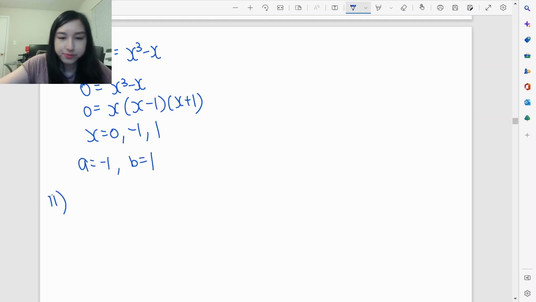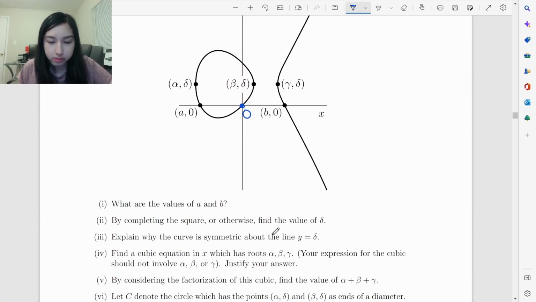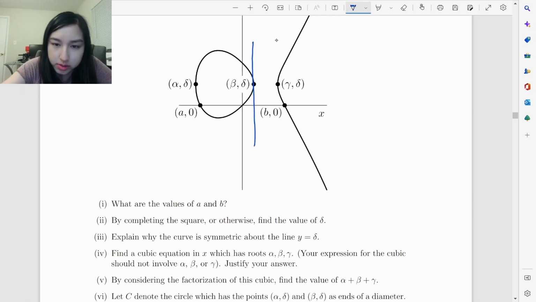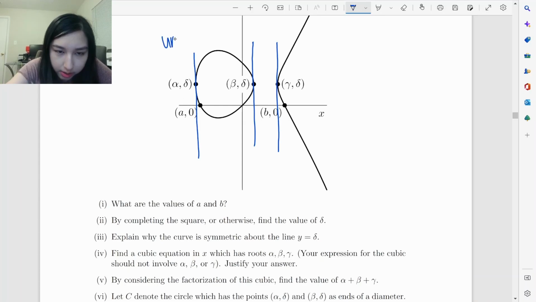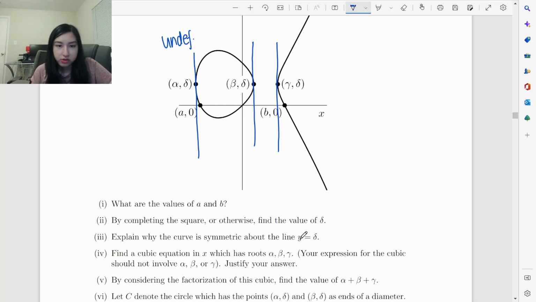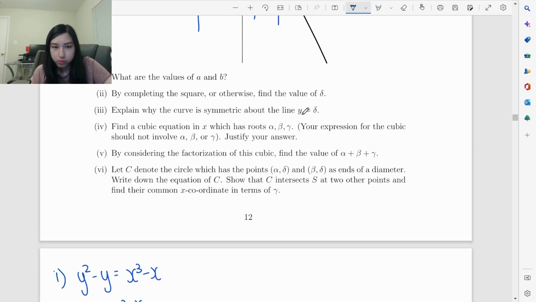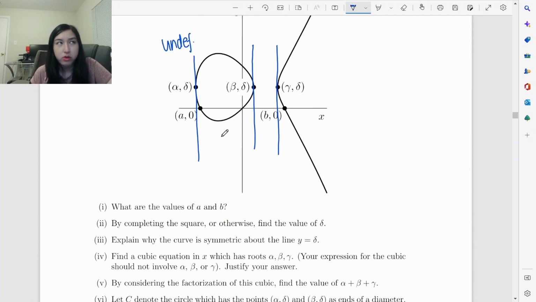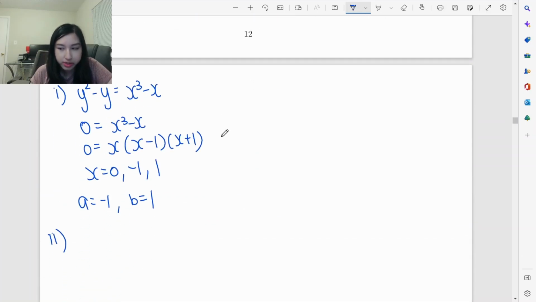Alright, what about part 2? By completing the square or otherwise, find the value of delta. Where is delta? Oh, these ones. So just by looking, the slope at delta, these points, are undefined. So you can just use differentiation to find it. Since it's undefined, we're not going to do dy dx, we're going to do dx dy.